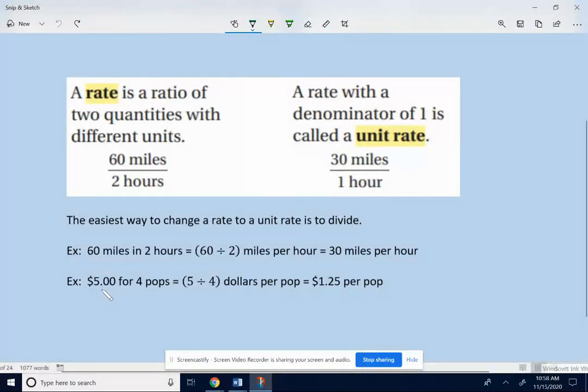So if you're buying soda pops and it costs $5 for 4 soda pops, and you want to know the dollars per soda pop, just take the $5 divided by the 4 pops, and you'd get $1.25 per soda pop. So you just basically take the first unit divided by the second unit. Then you have it.